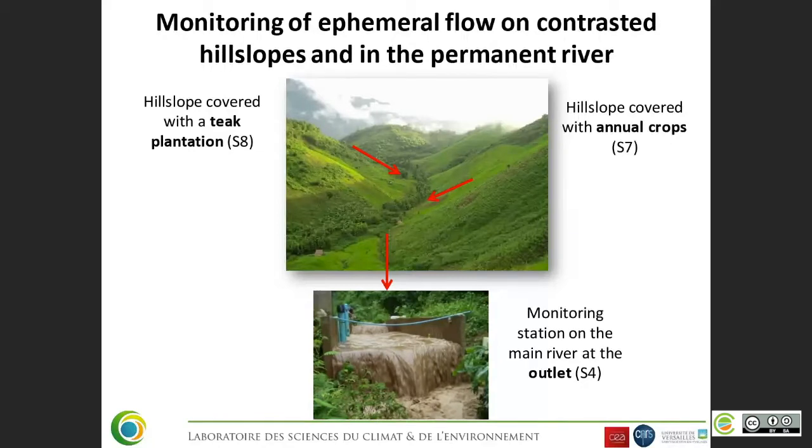So you have the main river, which is here in the valley, which is permanent. And the colleagues from RRD installed this type of monitoring stations on the main river, of course, but also on different hill slopes where you have ephemeral streams, so only during the monsoon, basically. During the rest of the year, it remains dry.